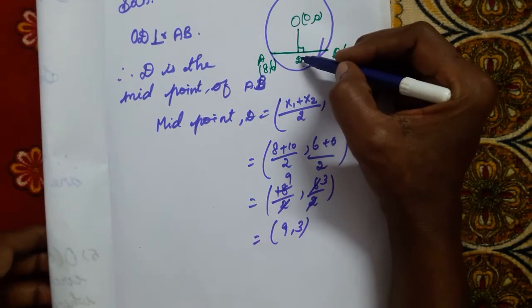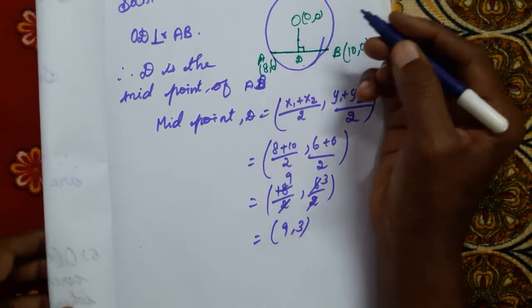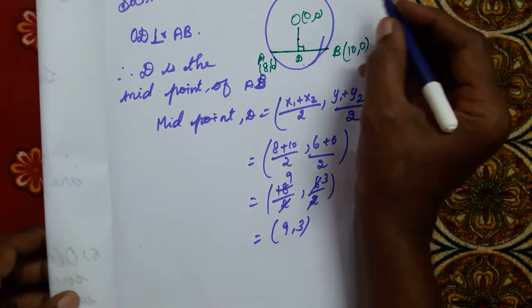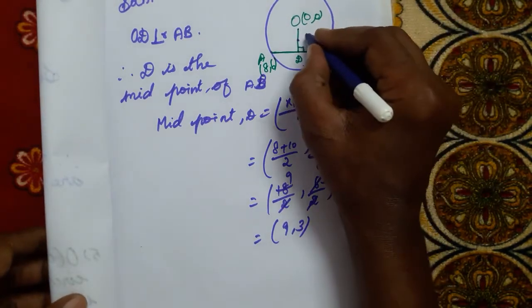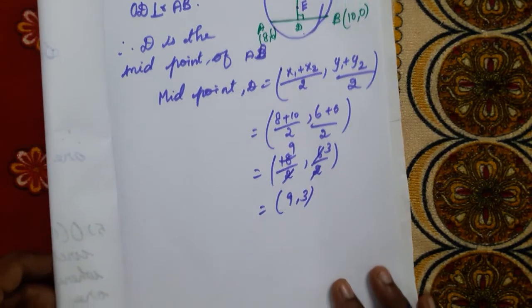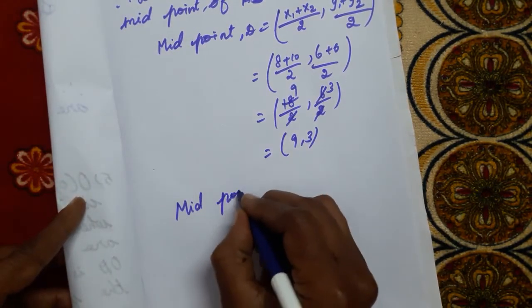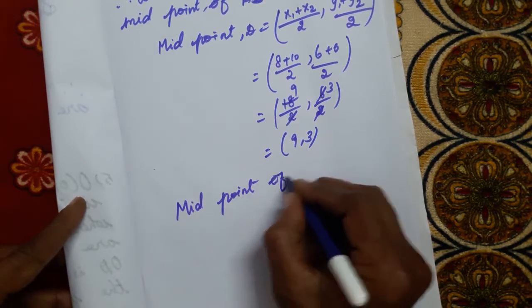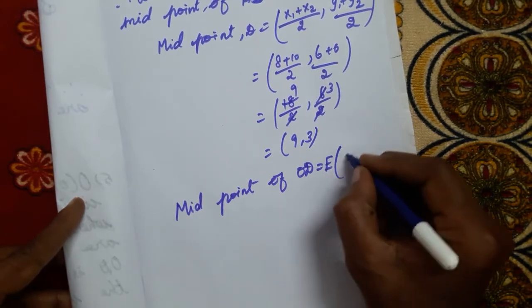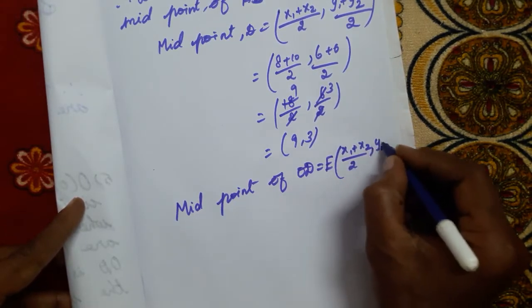Next, our question is to find the coordinates of the midpoint of OD. We can take the midpoint of OD with any other symbol. I am taking it as E. Midpoint of OD is E, with the same formula (x1 plus x2 by 2, y1 plus y2 by 2).